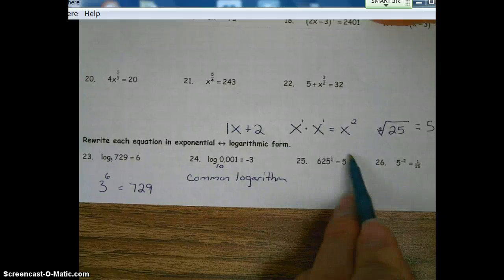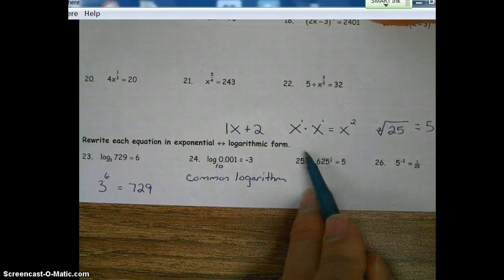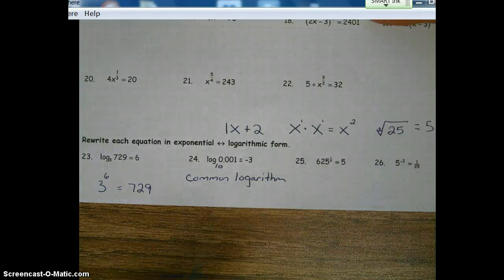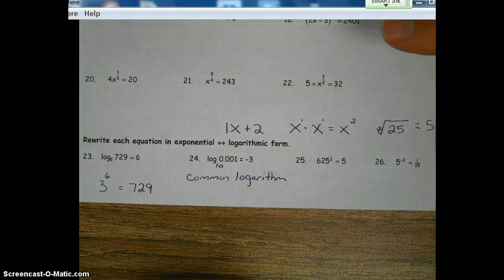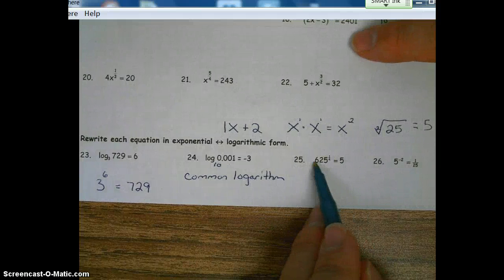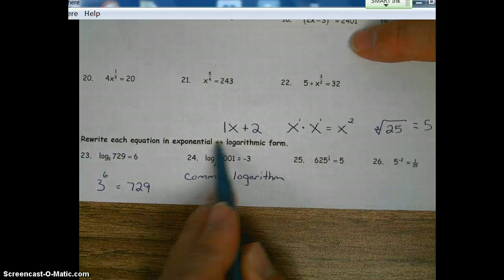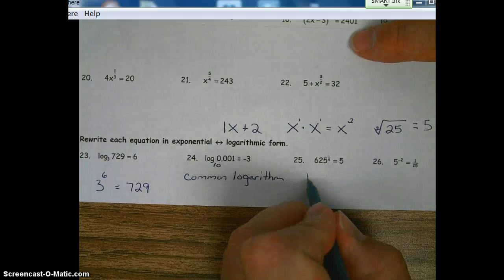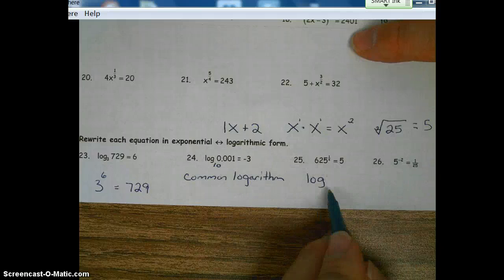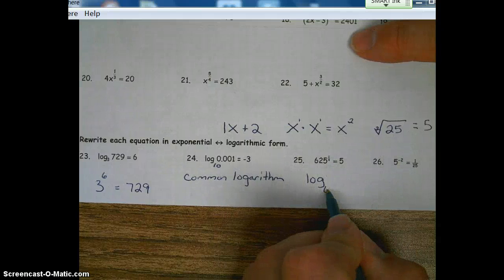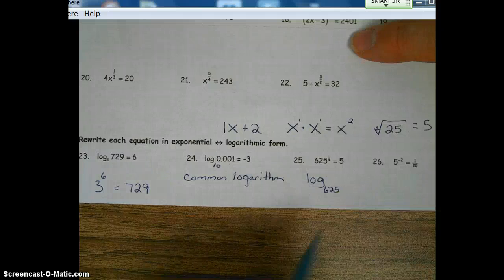Now let's go the other direction. Here we're in exponential, and we want to go to logarithmic. To do that, we just need to know what the different parts are and put them in the correct place. So we're going to start off by writing the log. What does the little number represent? Base. That's right. So we have a base of 625.